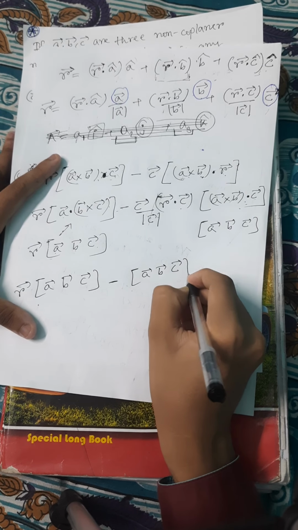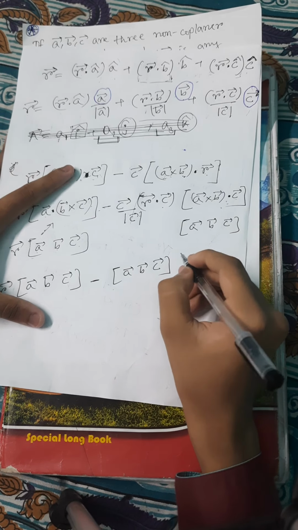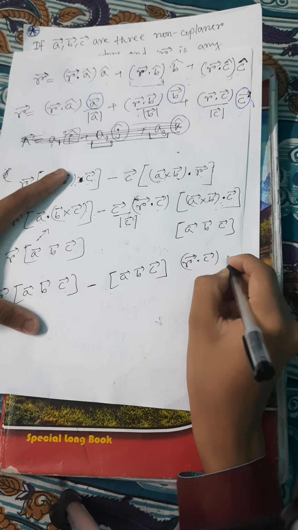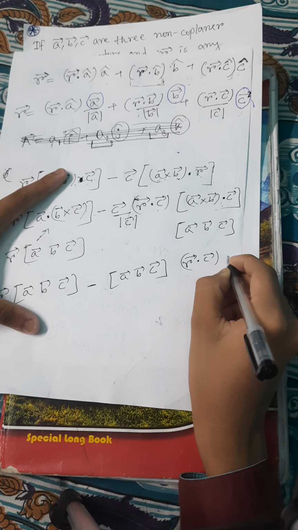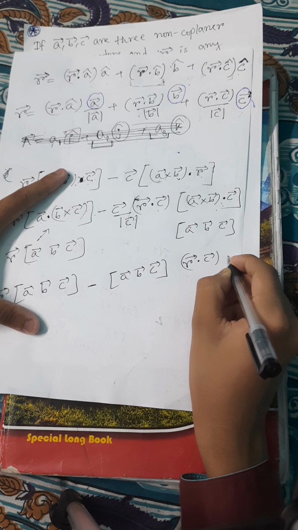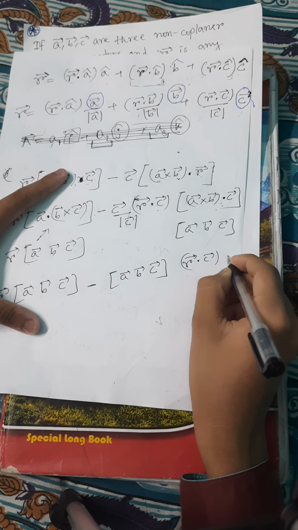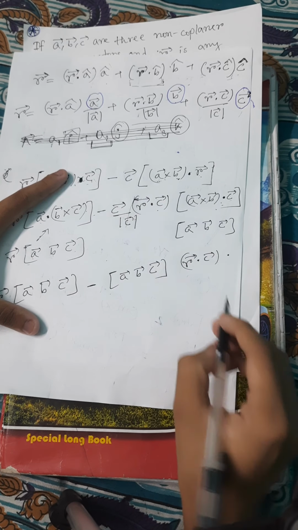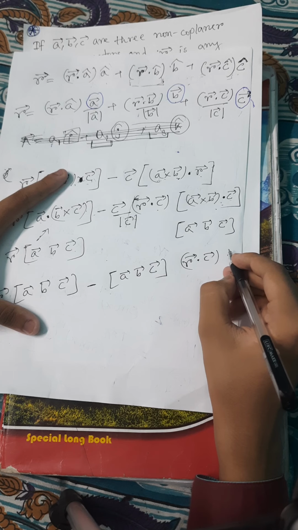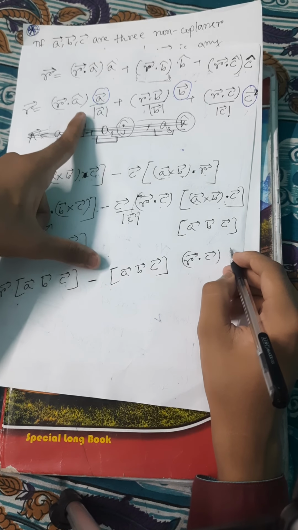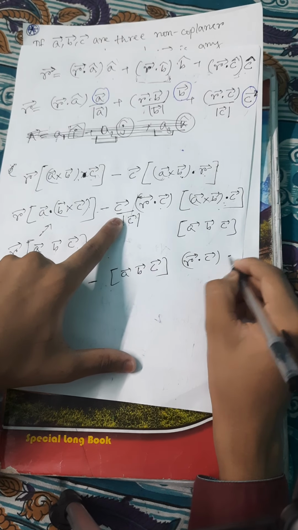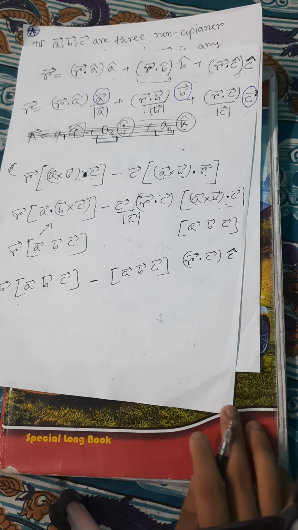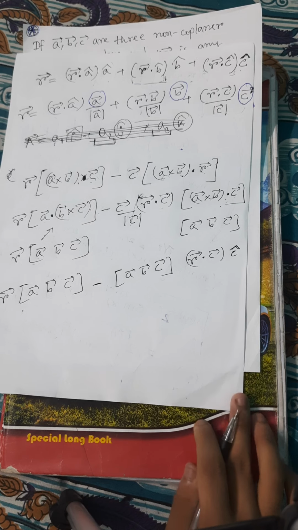The A, B, C part, and you have R dot of C vector, written as C cap, no problem at all.